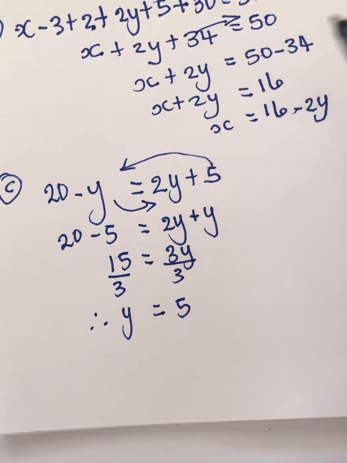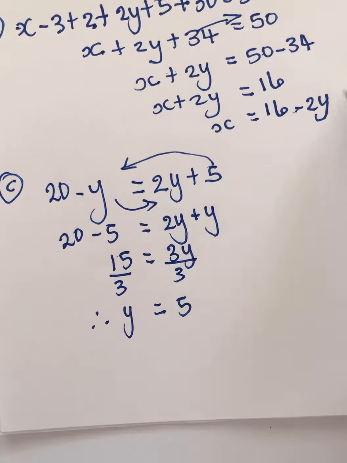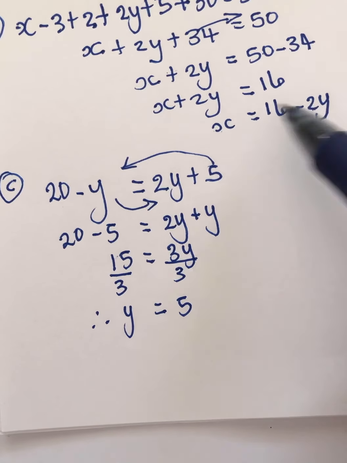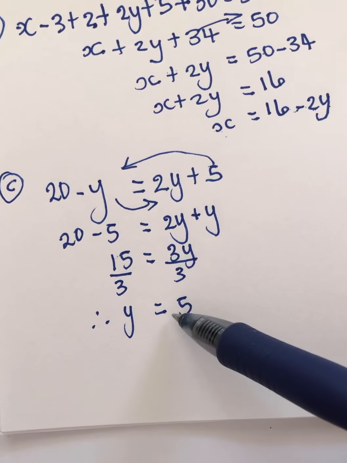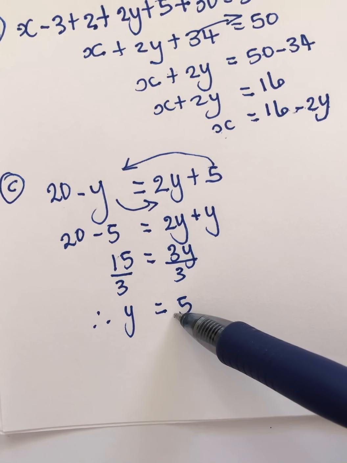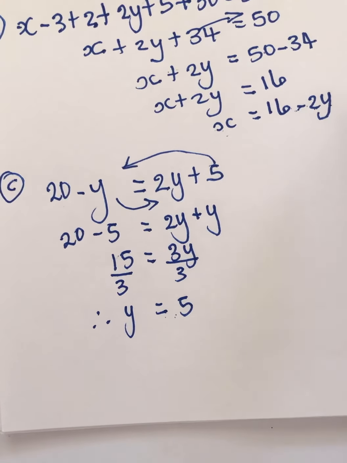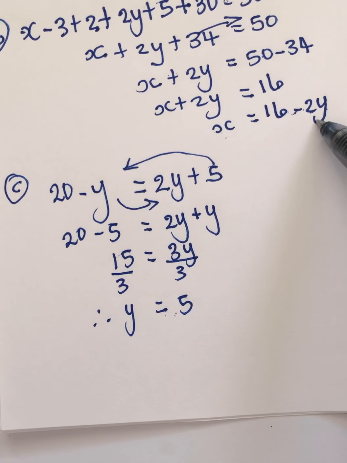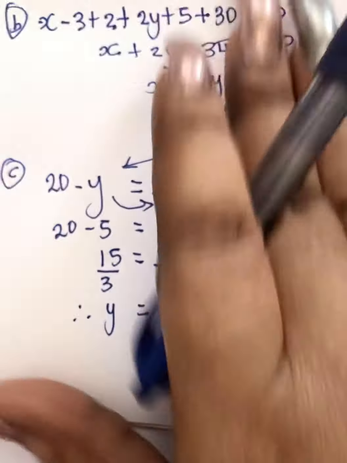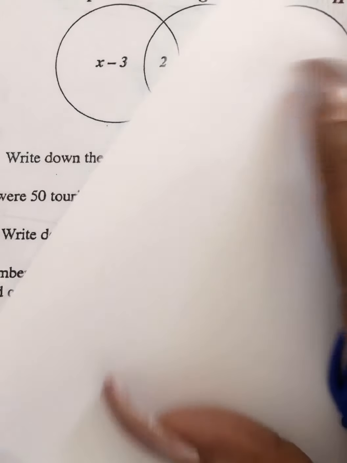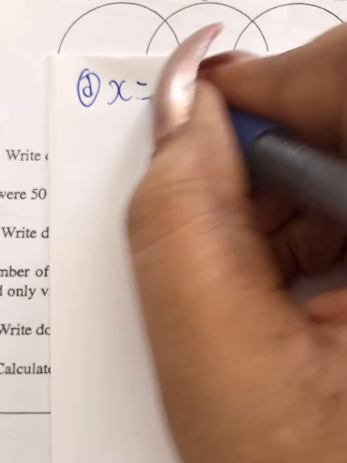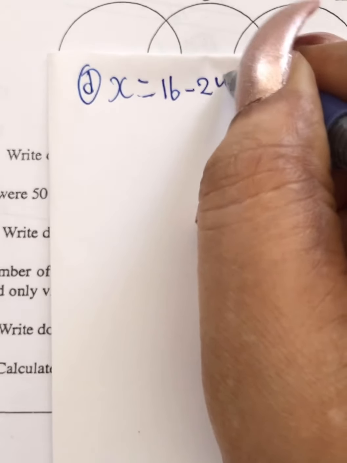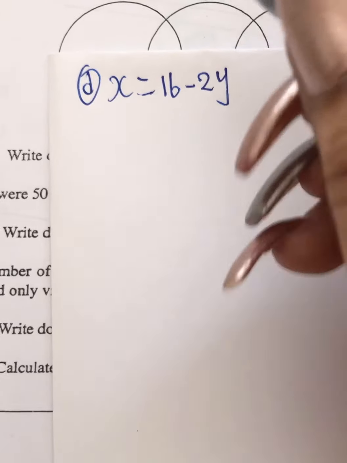So I am going to find my x value and it's going to help me. So what I'm going to do, I will write this equation. x is equal to 16 minus 2y. Then my answer to C, I found y. I am going to substitute a value for y. Good? So let's go. x is equal to 16 minus 2y. Right?